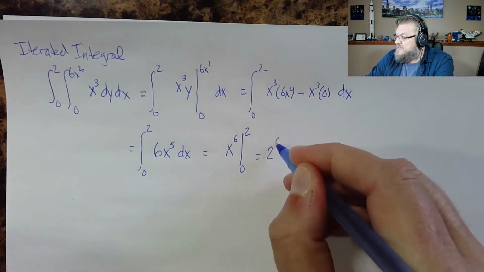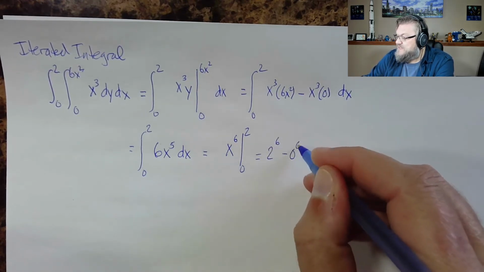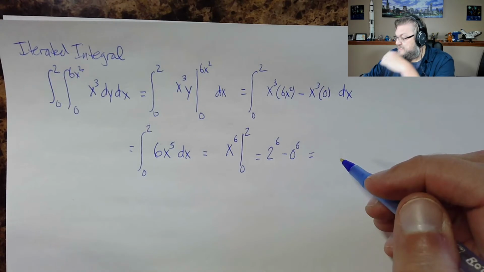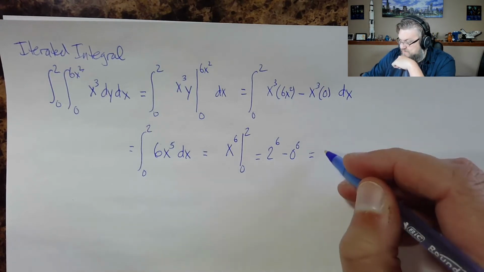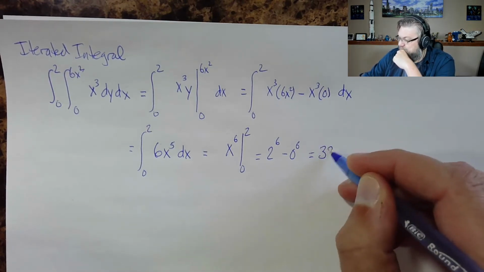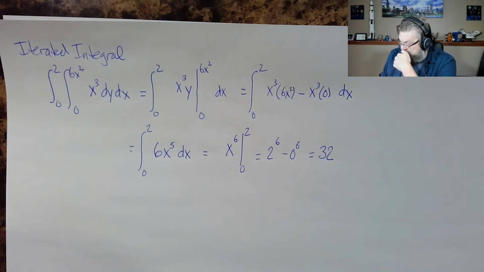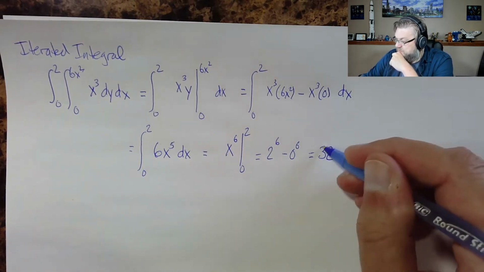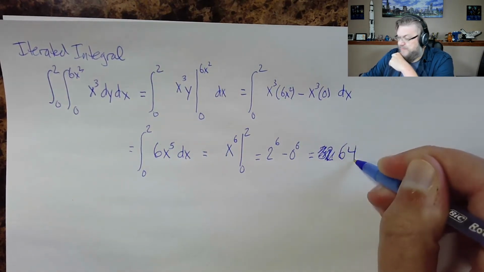And so I end up getting 2 to the 6th minus 0 to the 6th. And 2 to the 6 is 4 times 4, 16 times 2, 32. Is that right? 4 times 4. No, it's not right. 16 times 4, 64. There we go.